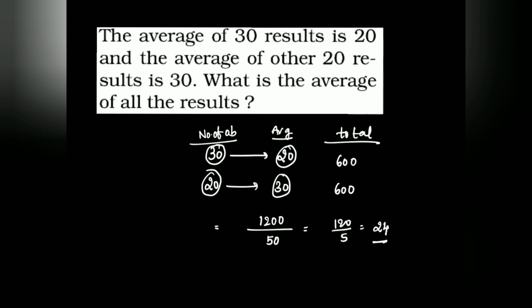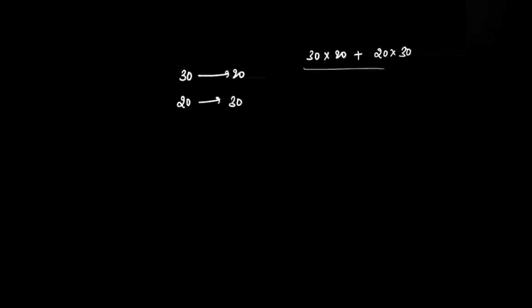All you are doing is, once again I am telling you the same: 30 observations whose average is 20, 20 observations whose average is 30. I am doing 30 into 20 plus 20 into 30 by 30 plus 20.